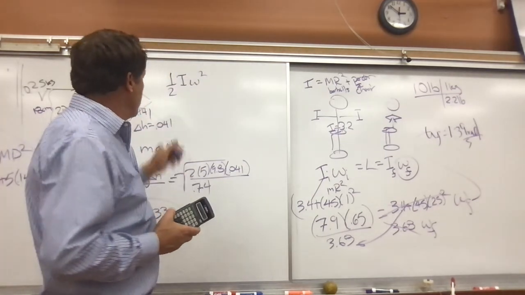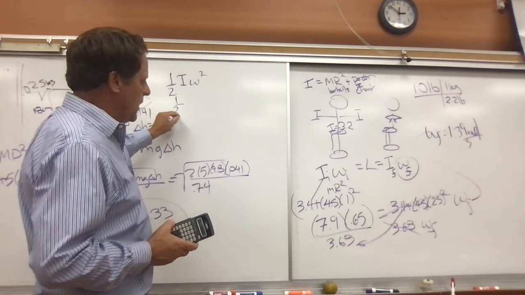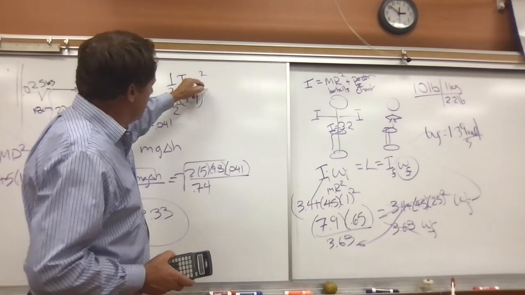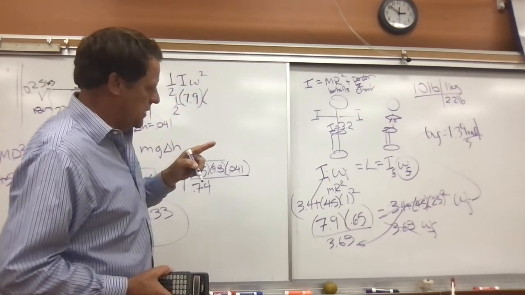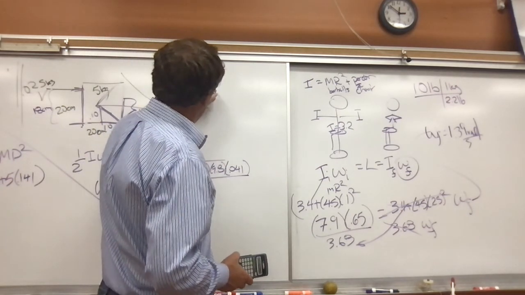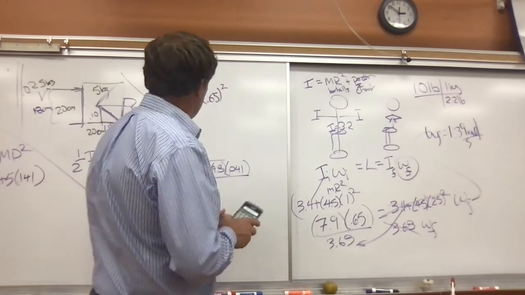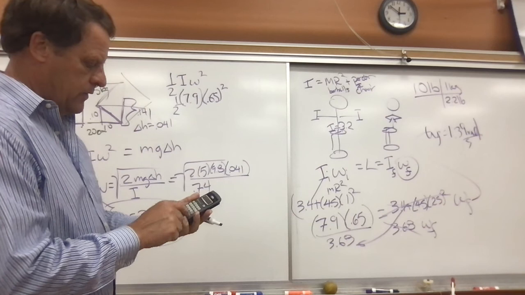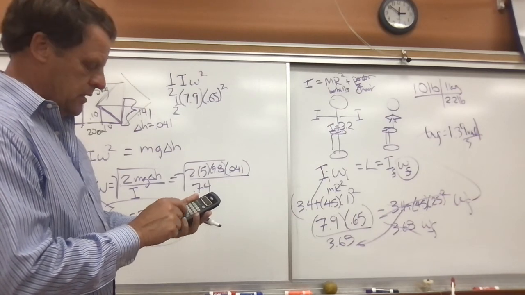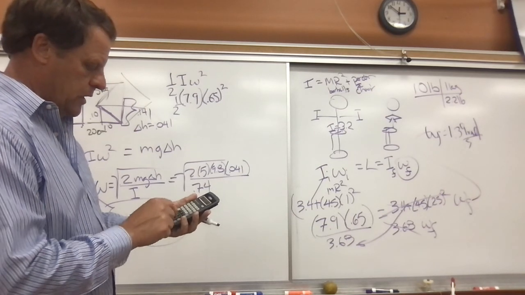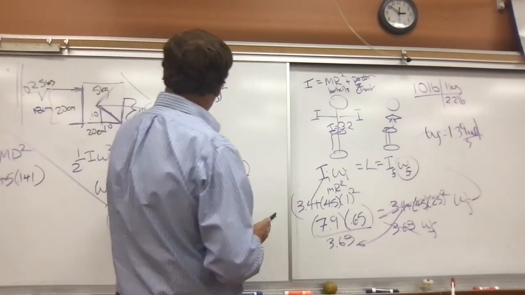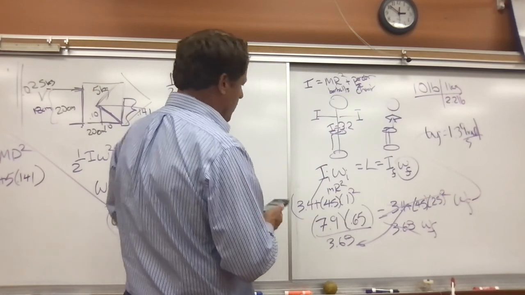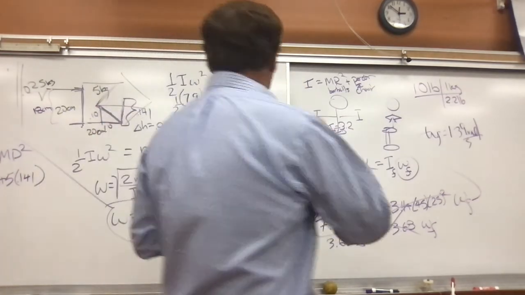So initially it's going to be 1/2 times 7.9 times 0.65 squared. Okay. 0.5 times 7.9 times 0.65 squared. So that is a kinetic energy of 1.67 joules.